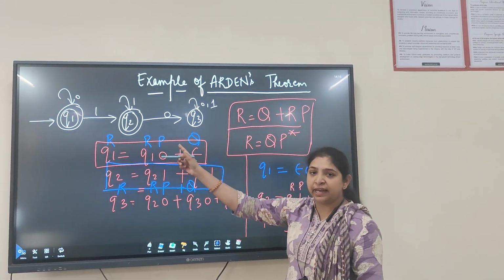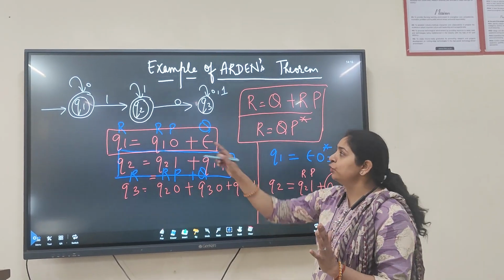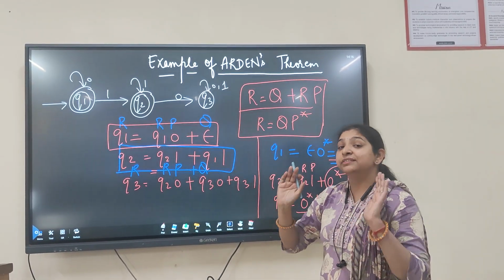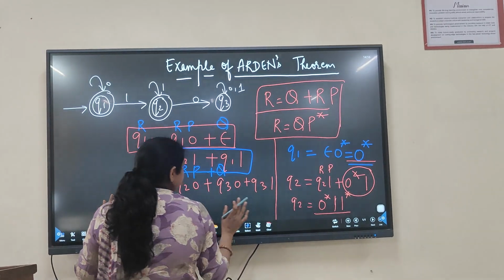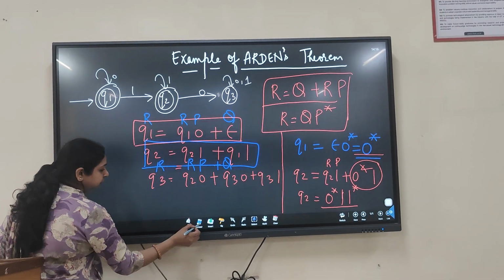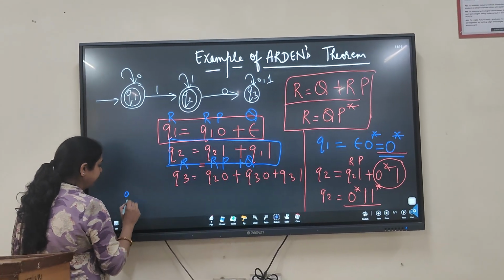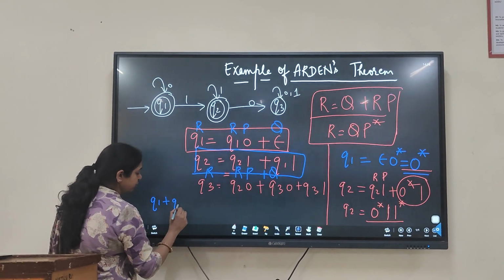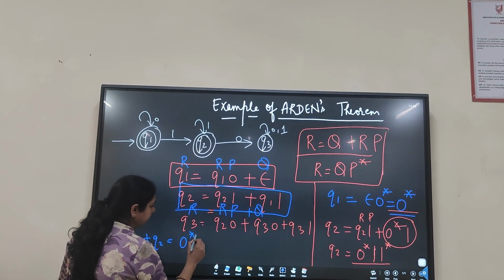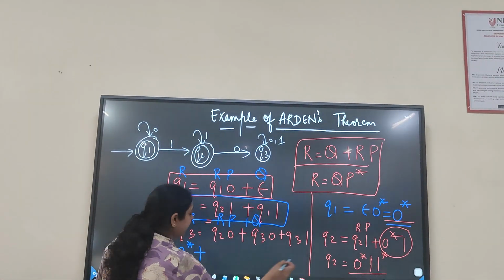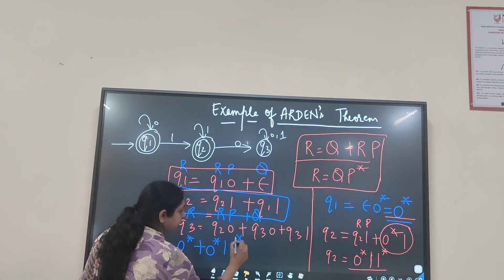You can see from the diagram that there are two final states, so the final result will be the summation of the results of these two states. The final solution will be Q1 plus Q2, that is for Q1 I will write 0 star plus, for Q2 I will write 0 star 1 1 star.